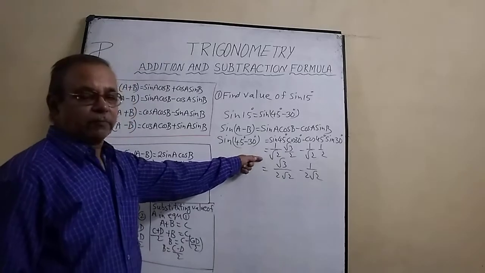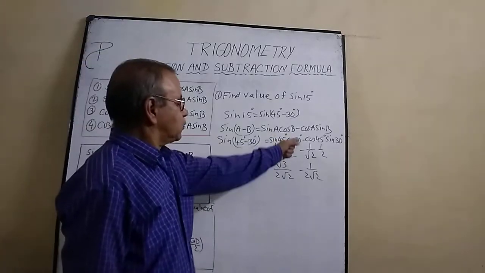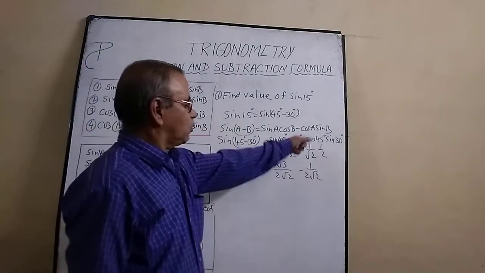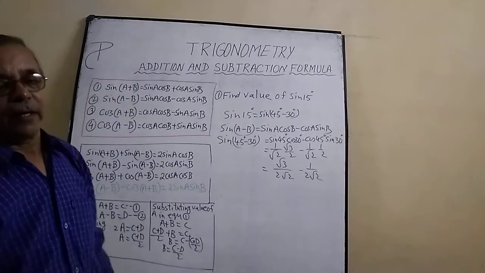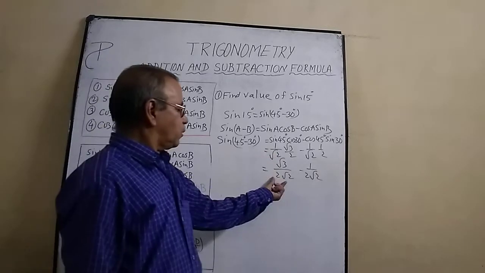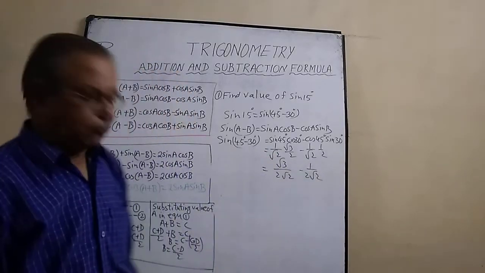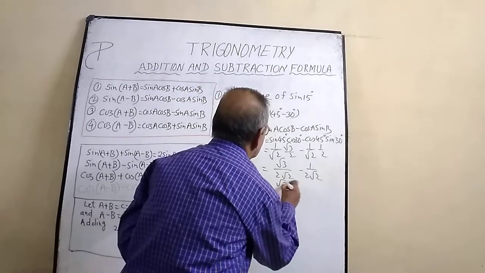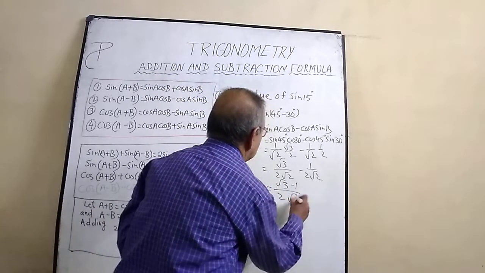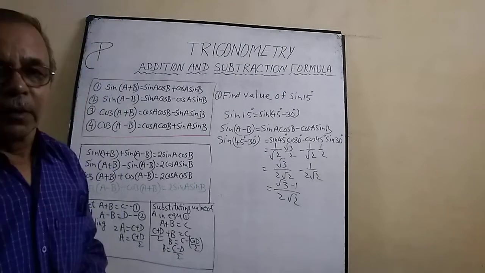Sin 45 is 1 by root 2, cos 30 degrees is root 3 by 2, cos 45 is 1 by root 2, and sin 30 is 1 by 2. So that is root 3 upon 2 root 2 minus 1 by 2 root 2, and therefore root 3 minus 1 upon 2 root 2.